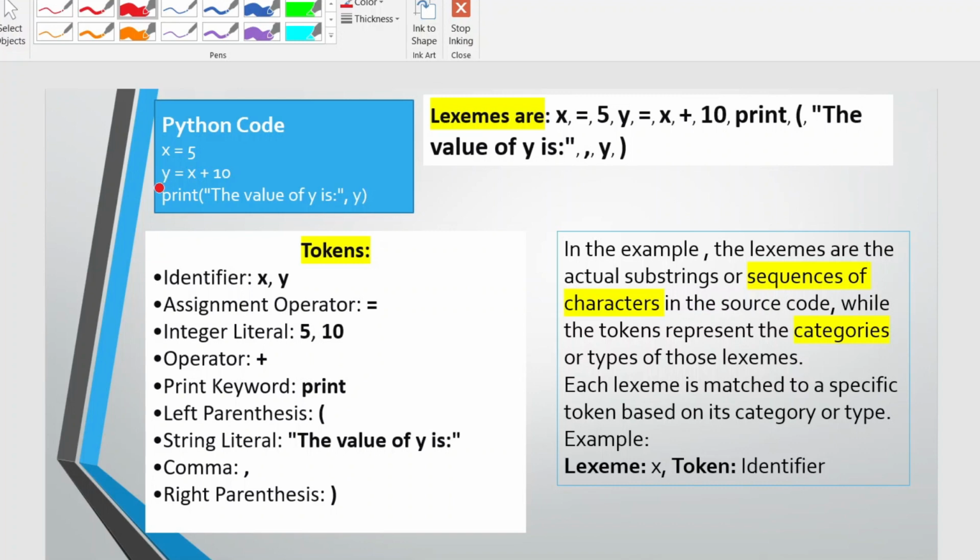So this identifier is the token. Similarly, there are two assignment operators over here. The equals operator here is a lexeme, and the category it belongs to is the token. The token here is the assignment operator. Similarly, you can see the rest of the lexemes and tokens in this example.